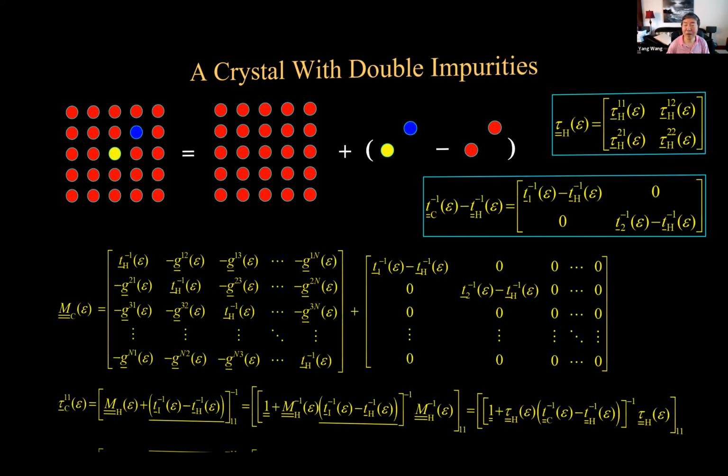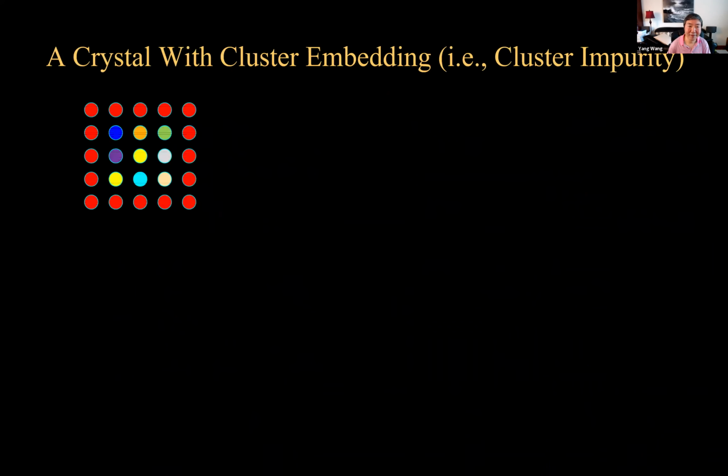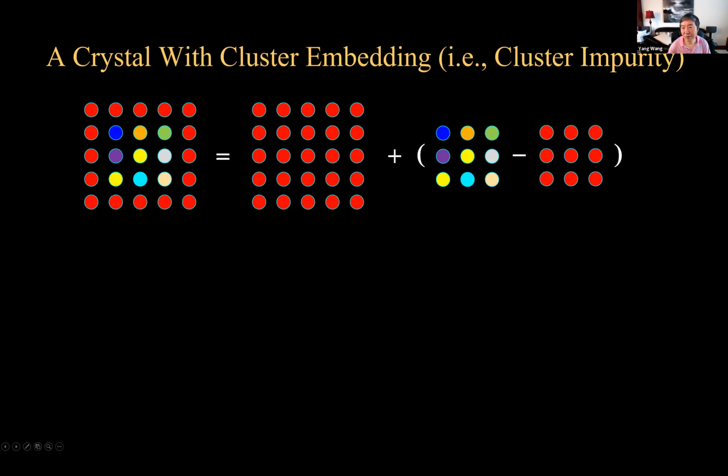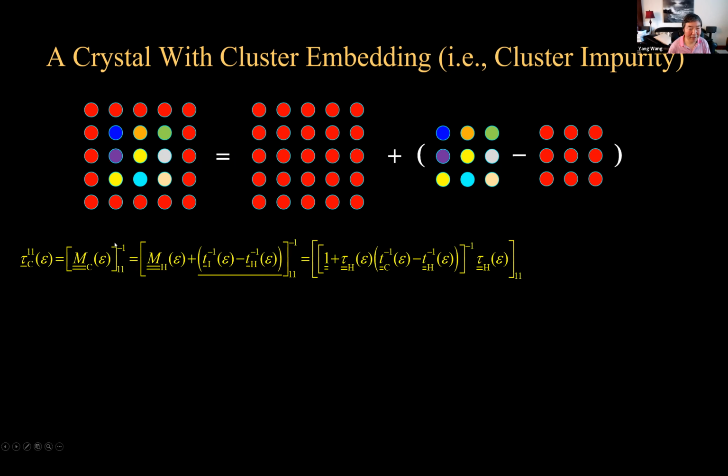All right, so how about embedding a cluster? I have a cluster of atoms that looks like this. It's the same thing. This tau_C11: if you want to calculate the tau matrix for this atom, you take the 1,1 block. If you want the tau matrix for atom number 2, you take the 2,2 block. If this is number 3, you take the C33 block.